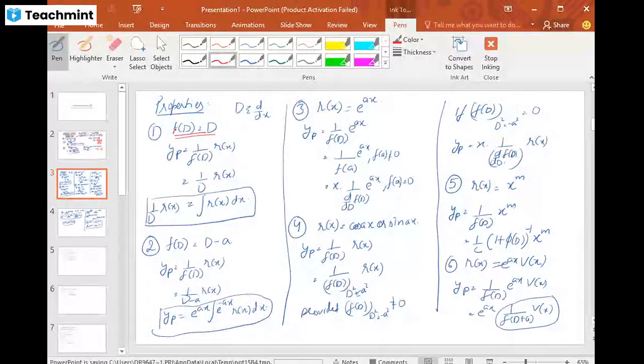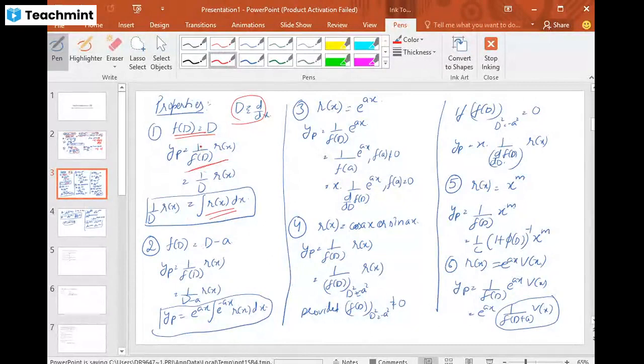If we assume f(D) as D, then the particular integral is (1/f(D)) R(x), which becomes (1/D) R(x). Because D is the differential operator, 1/D is the integral operator. So (1/D) R(x) we can calculate by integrating R(x).